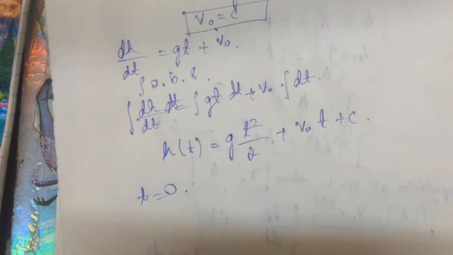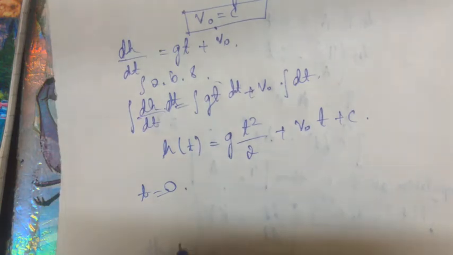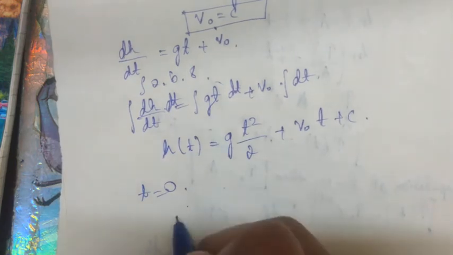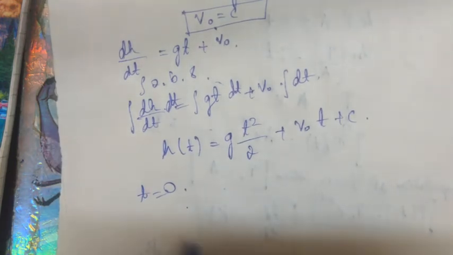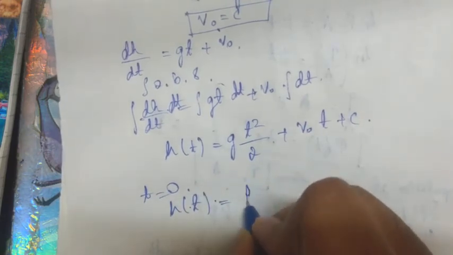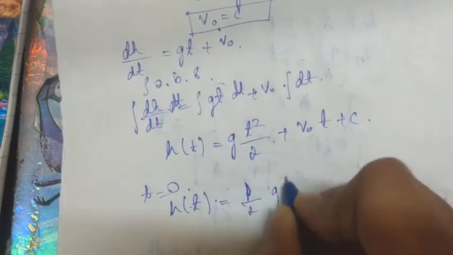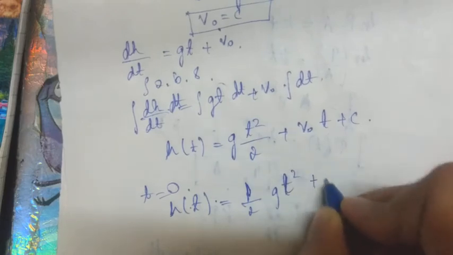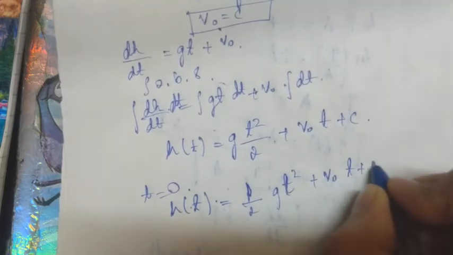When we take t as 0, let's substitute into the equation first. Let's write it in an easier way so that we can easily substitute: h of t equals one half g t squared plus v naught t plus c.